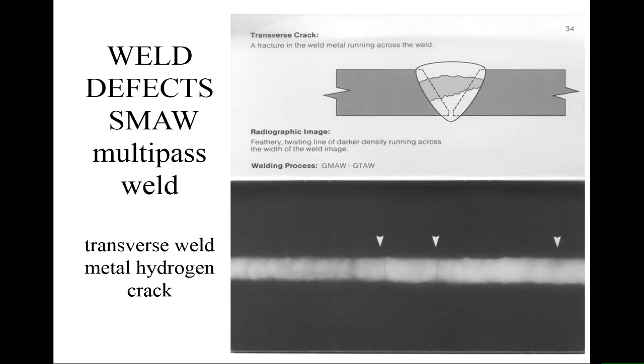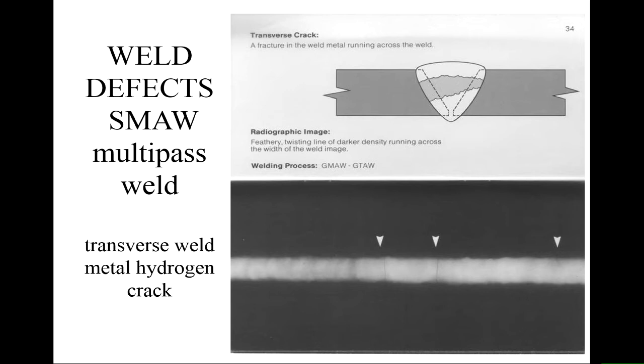The transverse hydrogen cracks can lead to the formation of a large fracture going all the way through the weld. So obviously this can be detected only by performing radiography, and this is very clear here where these two arrows are marked.